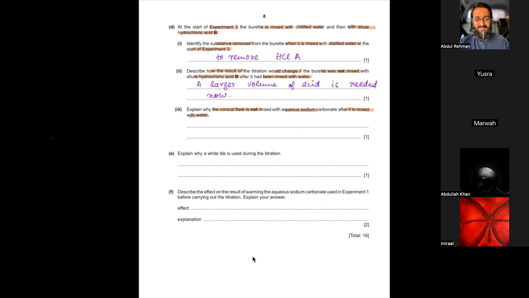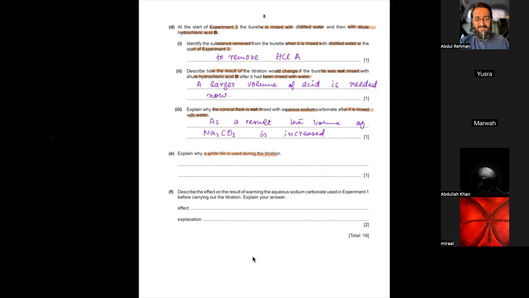Is this understandable? The result is that the volume of sodium carbonate is increased. Is this clear to all of you? Yes, sir. Okay, now the next part.